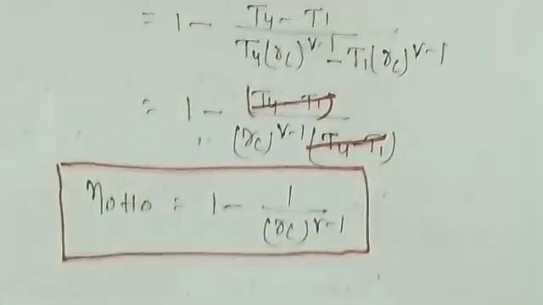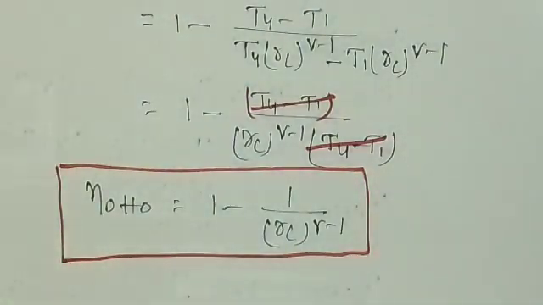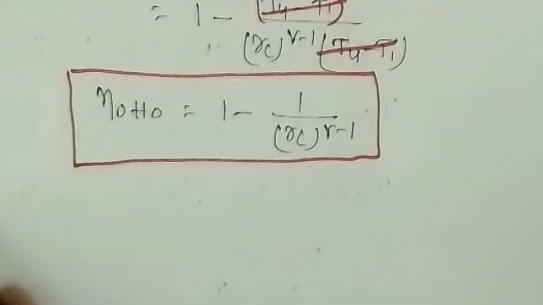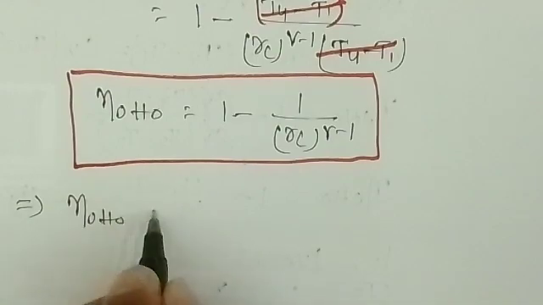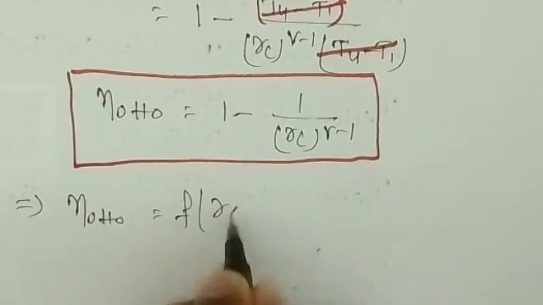It means that the efficiency of an Otto cycle, or air standard IC SI engine, or the petrol engine, totally depends on the compression ratio, right? If the compression ratio value is high, the efficiency is also high. Is it or not? So you can conclude here that the efficiency of Otto is a function of compression ratio.